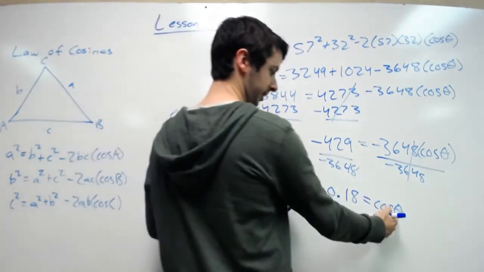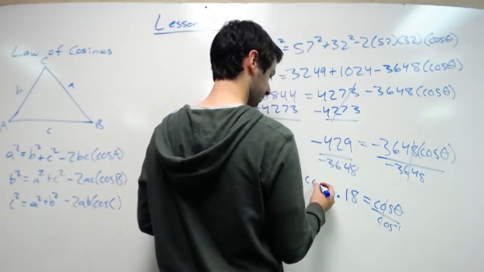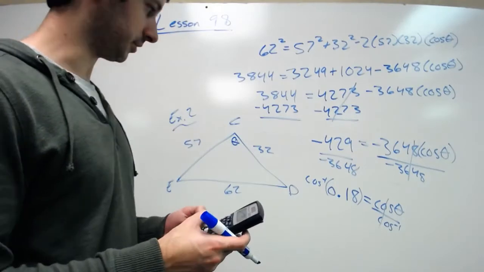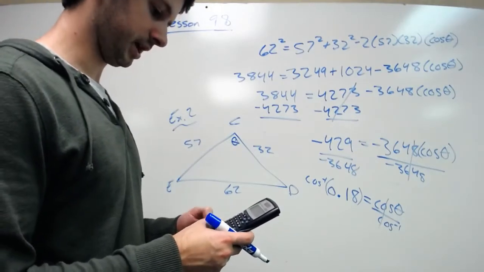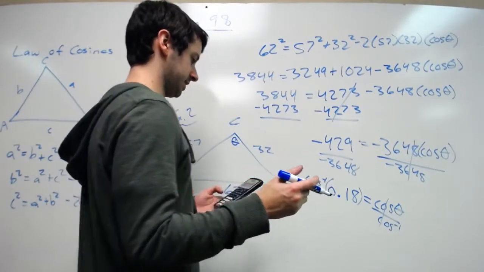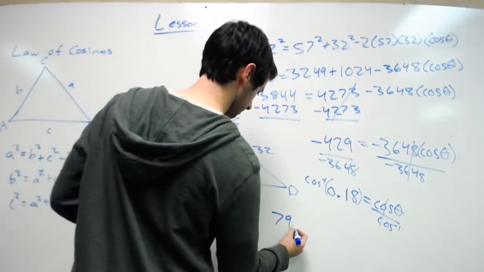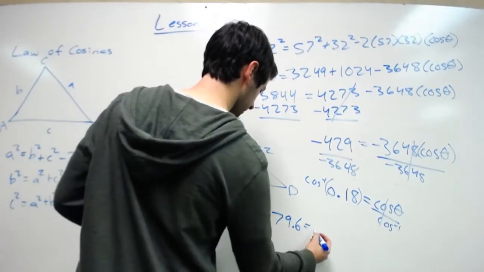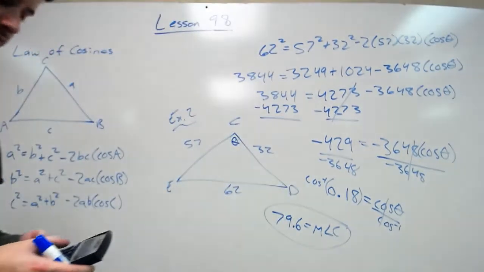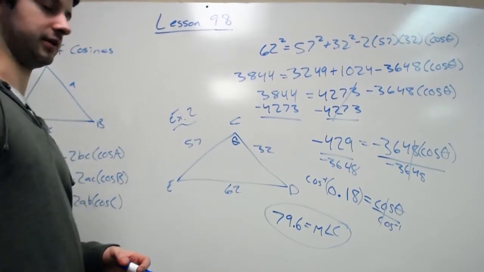To get theta by itself, we take the inverse cosine. So the inverse cosine of 0.18 would be roughly 79.6. That would equal your measure of angle C. So that's how you solve for an angle using the law of cosines. And that is the end of lesson 98.